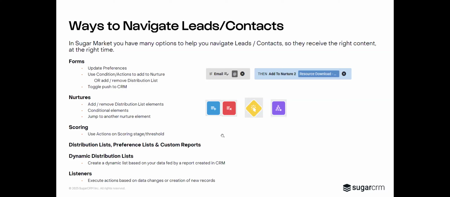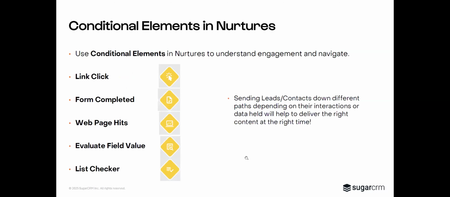We're going to drill down particularly on the conditional elements within nurtures, because this is one of the key ways in which we can decide what path someone will move down. We have a few ways within a nurture to split the path. We can evaluate link clicks, form completions, and web page hits, so what pages they visit on your website if you have that tracked.